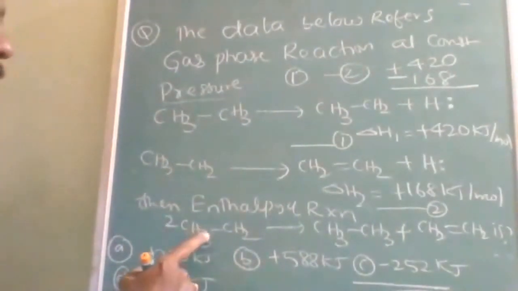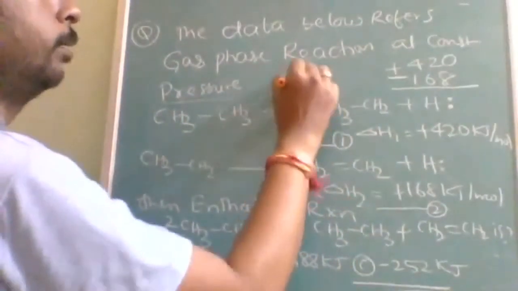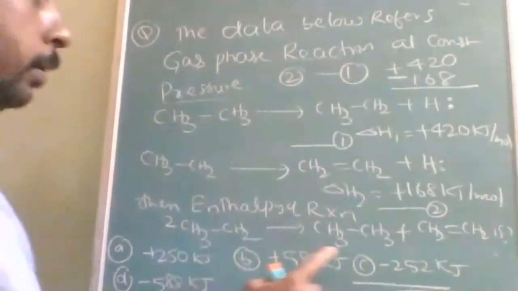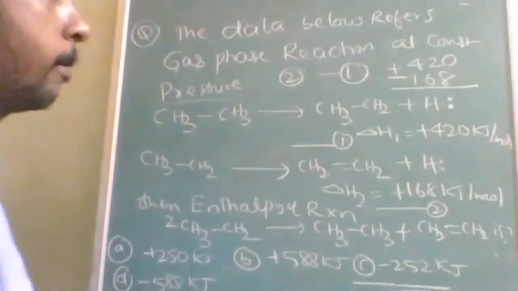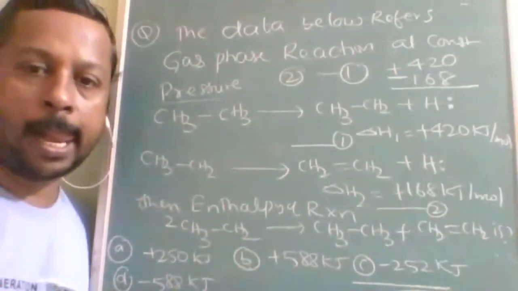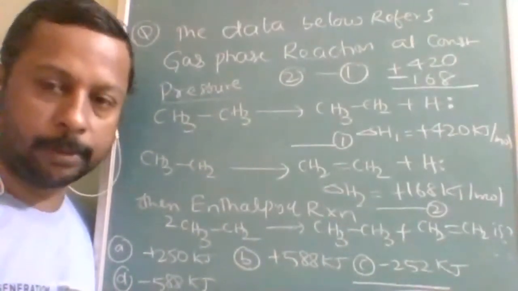And here the reaction itself is opposite. Otherwise we can write it as 2 minus 1. After 2 minus 1 we will get this one. Okay, equation 2 minus equation 1. Minus 252 kilojoules is the answer.